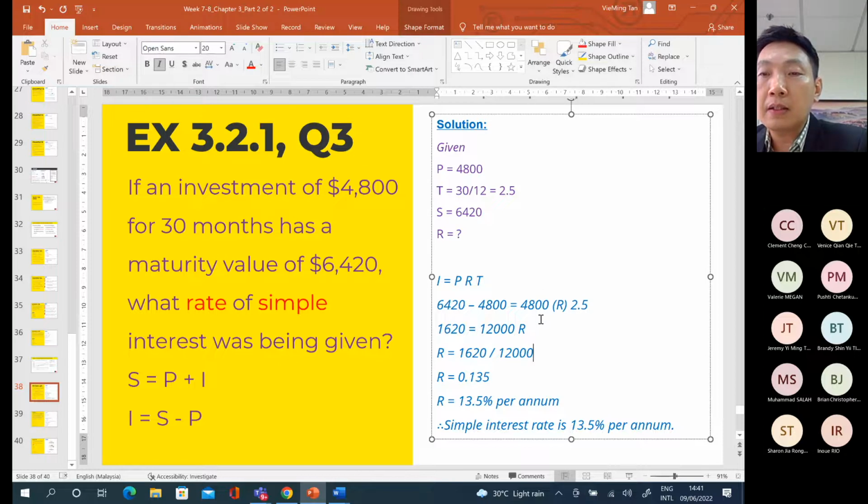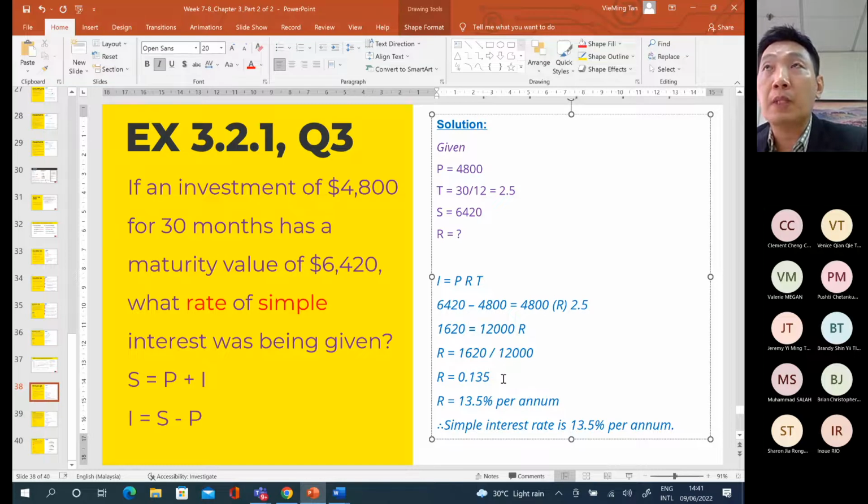On the right-hand side, multiply 4,800 with 2.5, you'll get 12,000. Then the next step is to transpose the formula so that the R will be the subject. So we move 12,000 to the left-hand side, becomes a denominator, right? So it becomes 1,620 divided by 12,000. Simplify, you'll get 0.135.